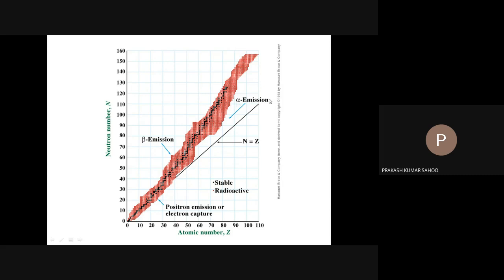It undergoes alpha emission. And where the neutron number is around 60 or 62, the atomic number is around 30 or 35. Then above this we also have beta emission. This is just an example of your band of stability.